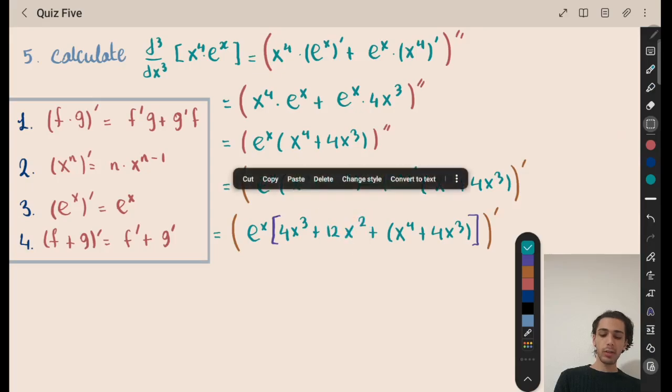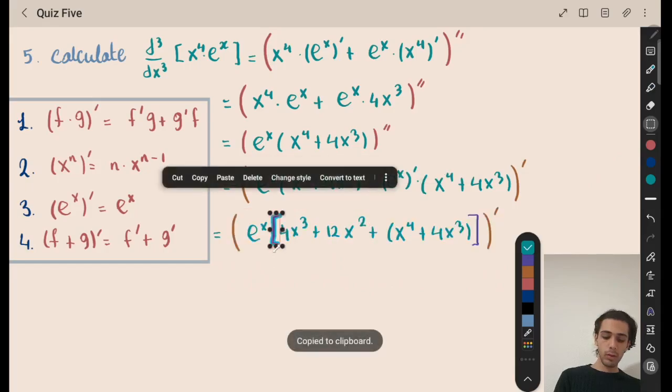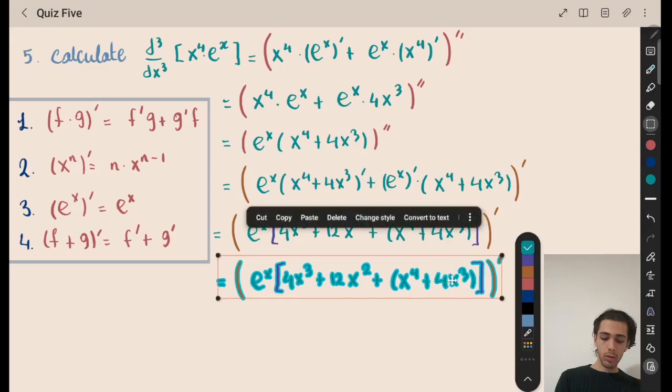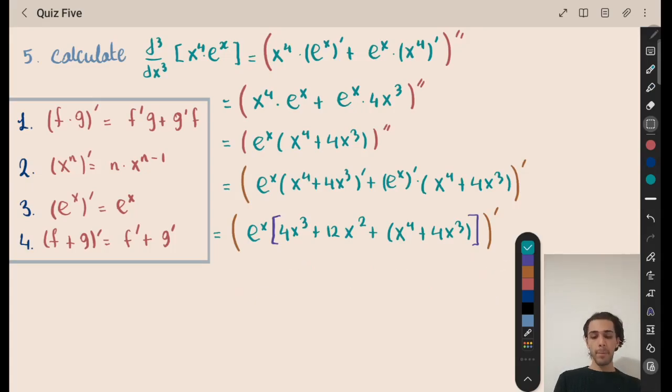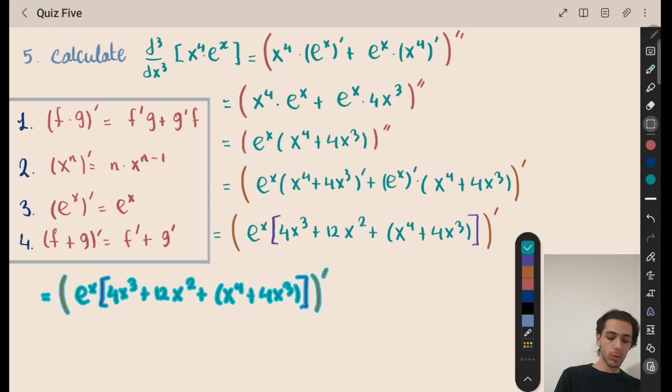And then I have some like terms here. Maybe I will add them in the same step. Or no, I won't do that. As you can see, I'm a bit hesitant.